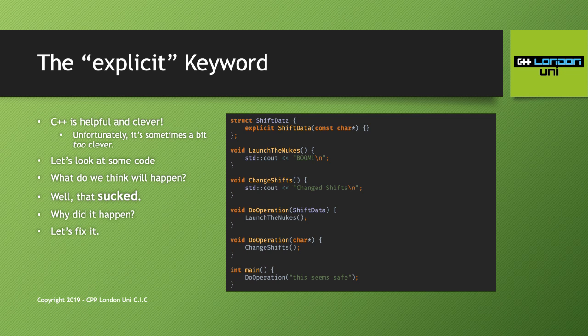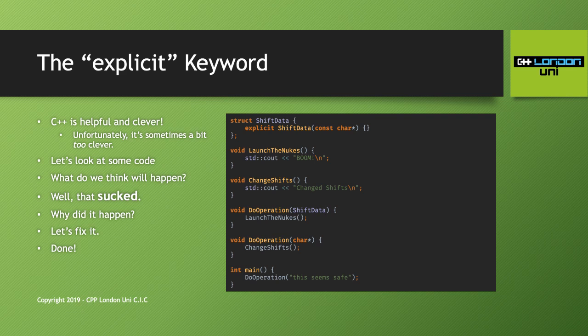We don't want them. So someone can construct a shift data. They can have shift data x, and then curly braces or brackets, and give that a const char star because I'm explicitly initializing a shift data. So that's fine. But this is not explicit, right? I thought I was going to call this, and it was implicitly converting it for me. Simple enough.